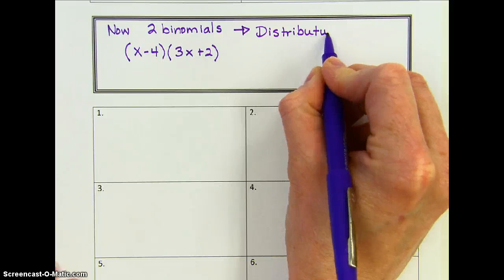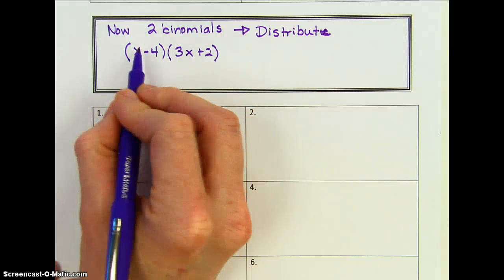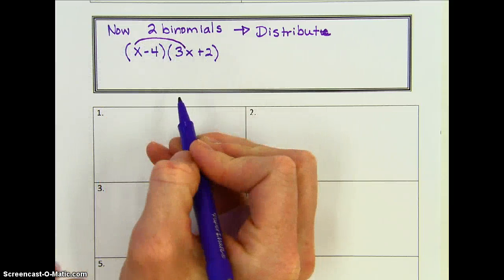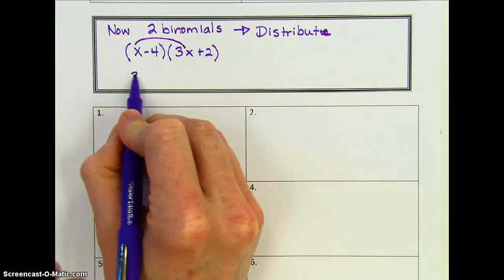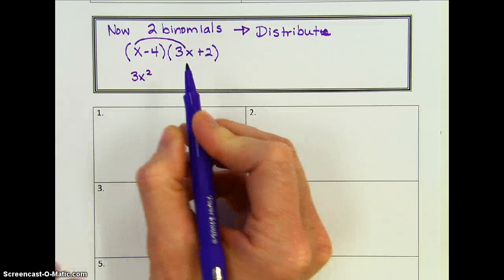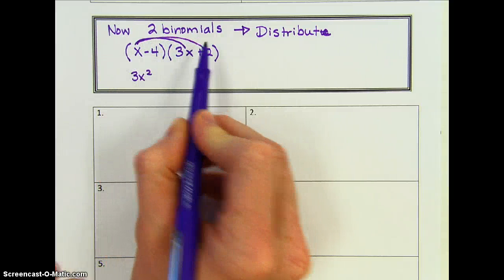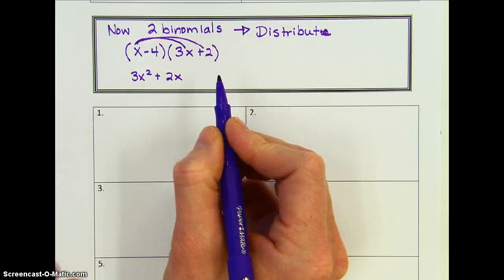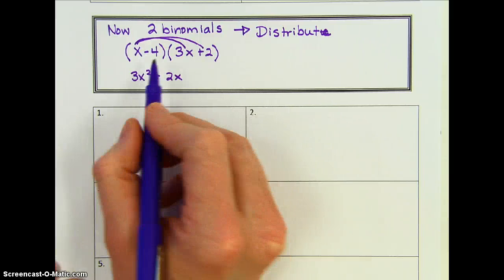So you still distribute. We would distribute the x to the 3x, and we would get 3x squared. You would distribute the x to the 2 and get 2x. But now you're not finished because you have a binomial.